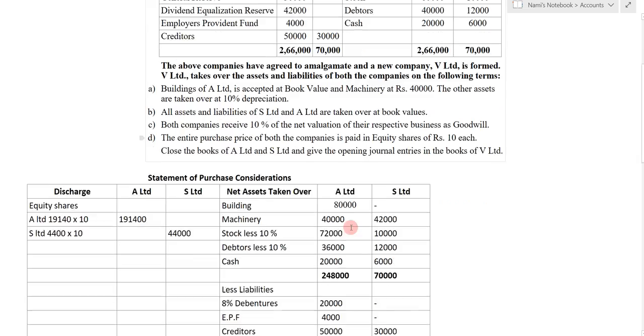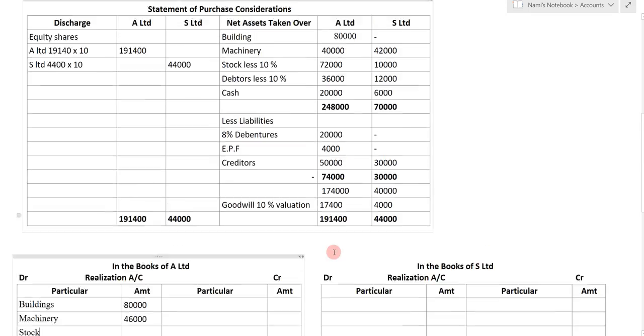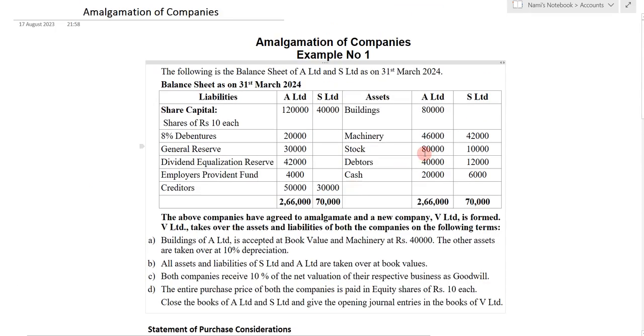So to close the account of A Limited, we have to take the assets at book value.